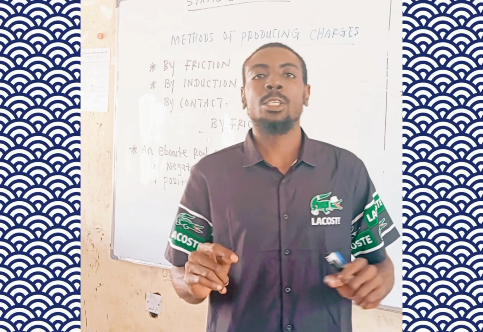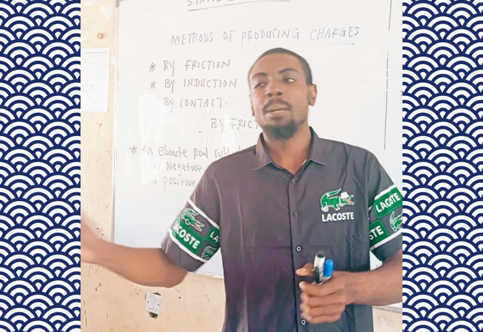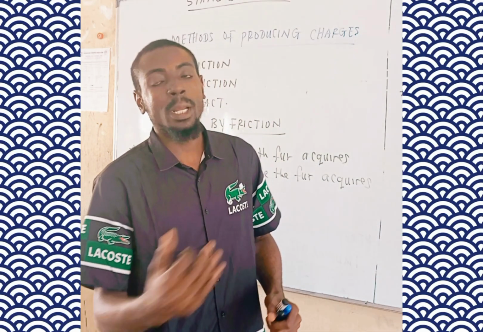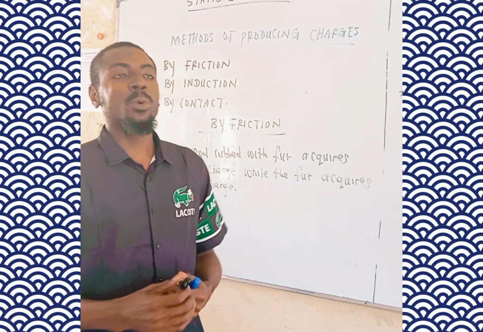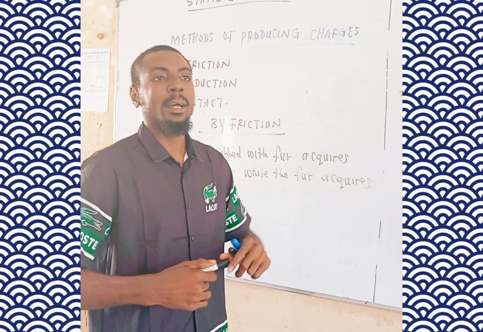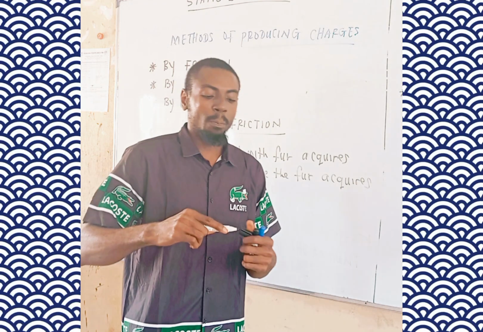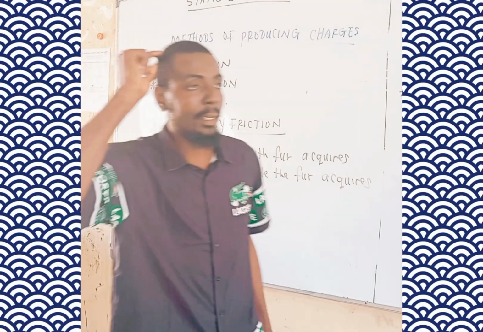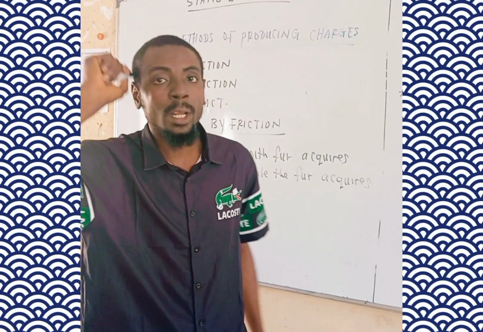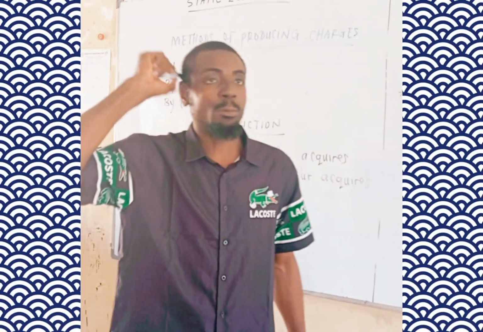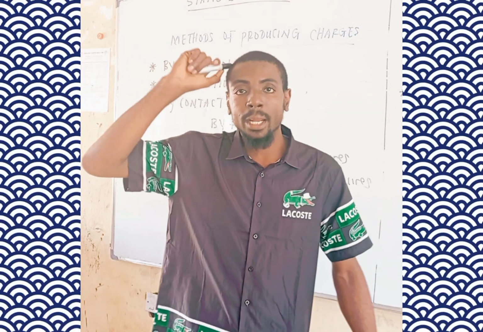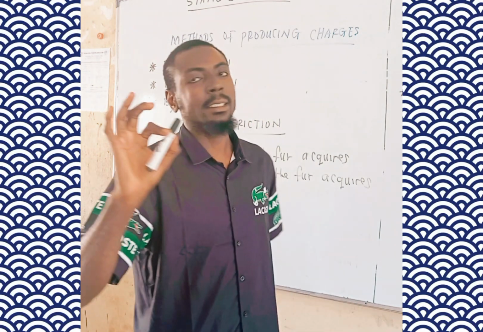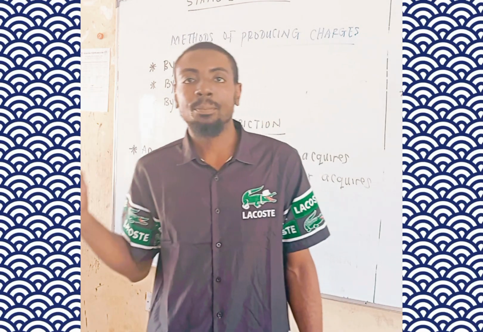Just as when you rub the tip of your pen vigorously on your hair, the hair represents the fur, and after some time of rubbing, you tear out a little piece of paper, and you find that the pen will definitely attract it.